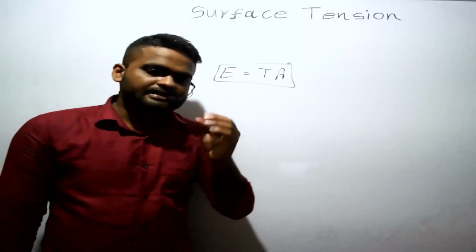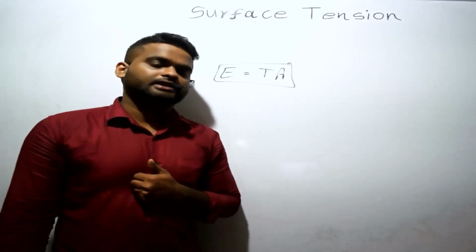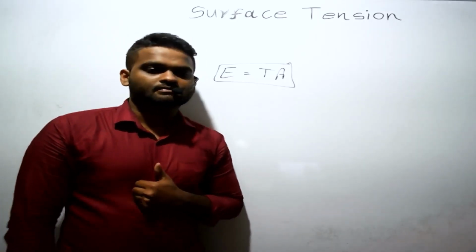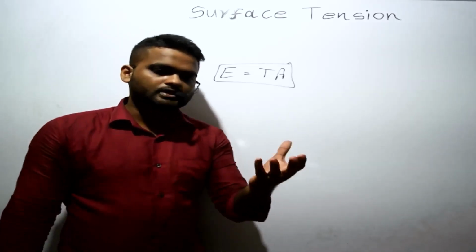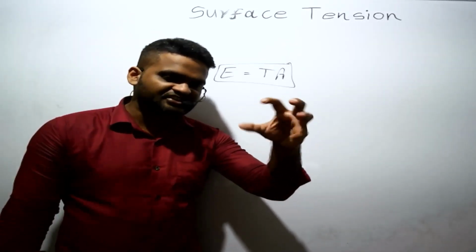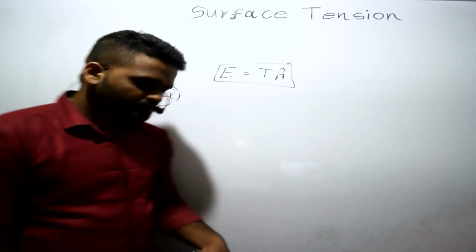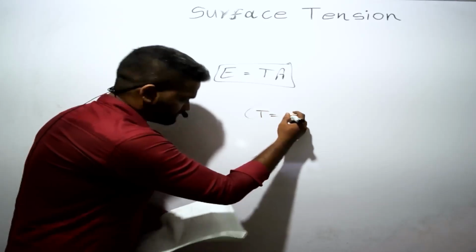So here we need surface tension, right? Can we use 7.2 10 to the power minus 2 here? You can't, right? Because this is not only water, there is soap as well. So the tension value has changed. They have given that within brackets.